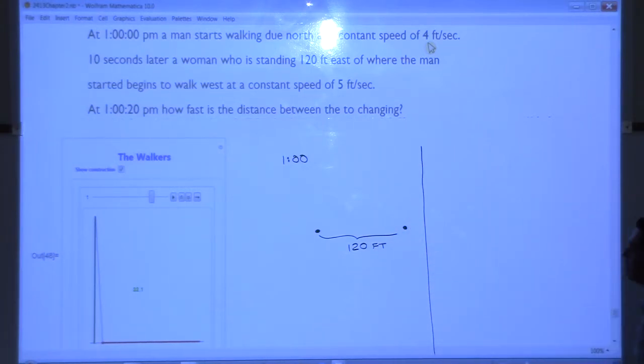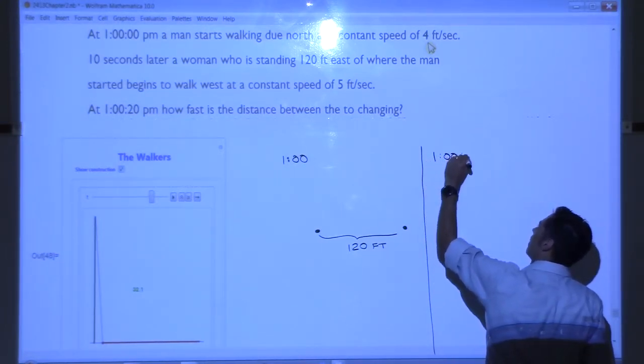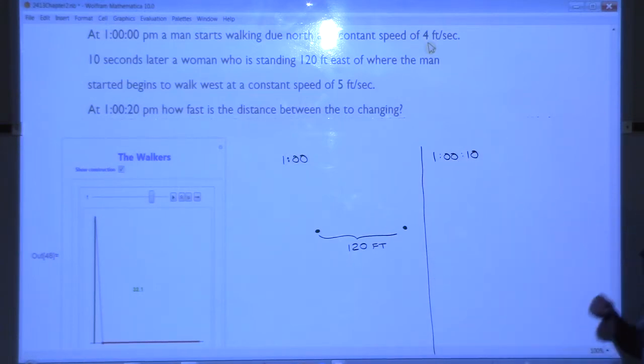Okay, now, what's my next picture? What's the next important point in time? 10 seconds later, that's when she starts walking. So at 1 o'clock with 10 seconds, she starts her motion. At that instant, she's still where she started.